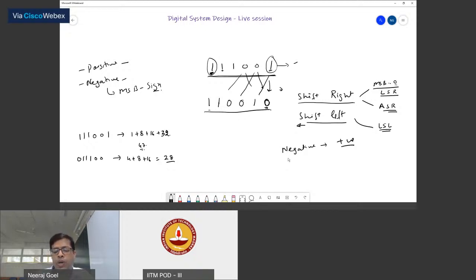So what would be the cases? Logical shift right essentially means we are dividing the number by 2. Here this was dividing, and logical shift left means we are multiplying by 2.